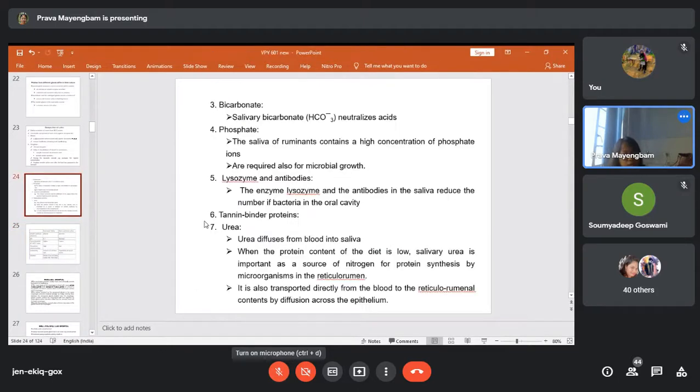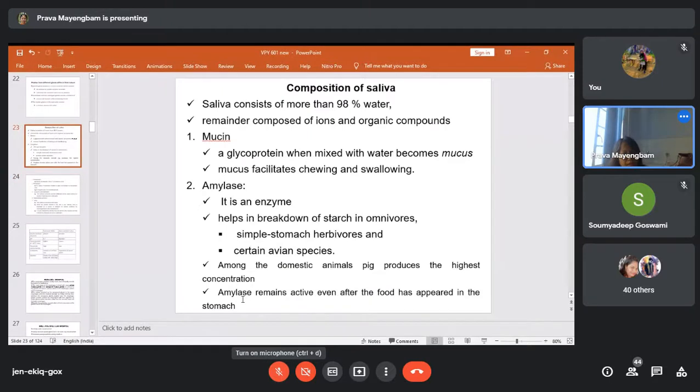But in its function, it remains active even after the food has appeared in the stomach. In the stomach, the pH is going to be very strongly acidic. Even after the food reaches there, some activity still remains.